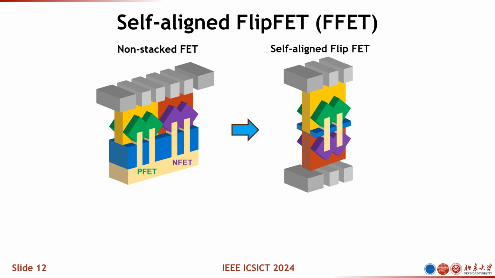So what if you flip the NFET or PFET to the backside of the other transistor, so that you will have transistors stacked in a back-to-back manner, with two transistors stacked on top of each other with half of the footprint of the FinFET or other planar integrated transistors.